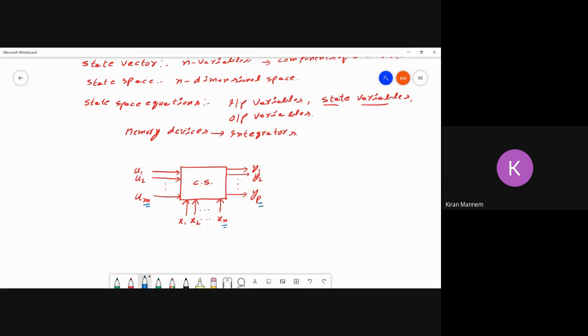So this is the block diagram of your dynamic system with state variables, or I can simply draw it using a block diagram like this.